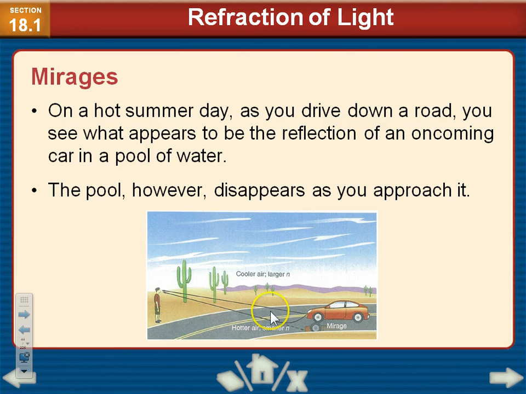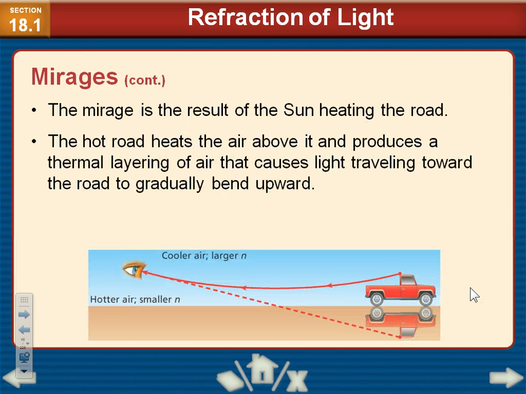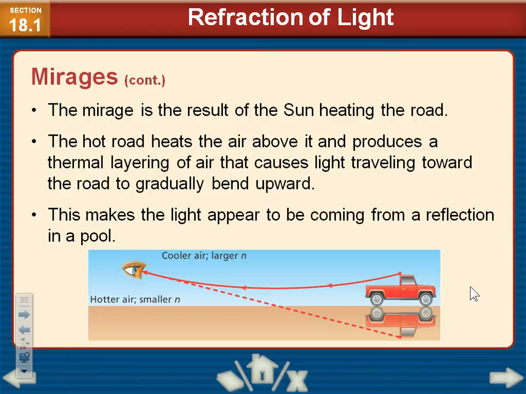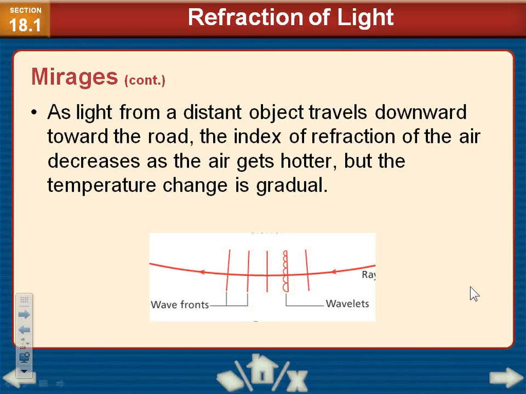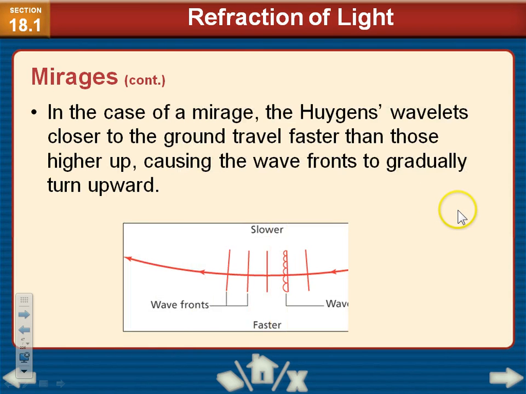Again, you're going to see when you have cooler air and warmer, hotter air right next to the surface of the road, you could see a mirage up here. As the light from a distant object travels downwards towards the road, the index of refraction of the air decreases as the air gets hotter, but that temperature change is gradual.